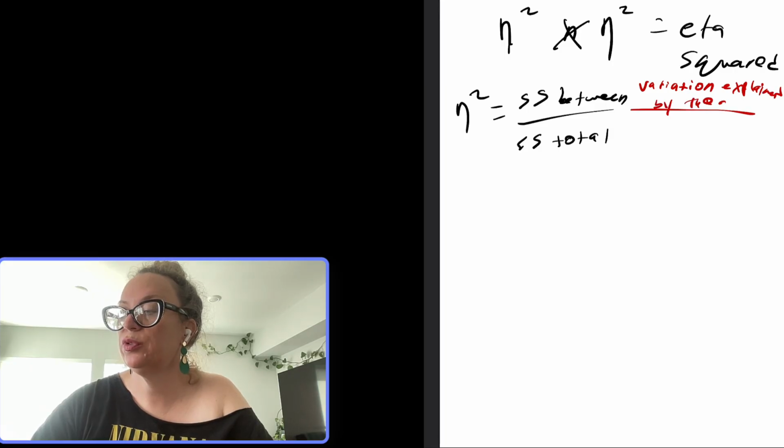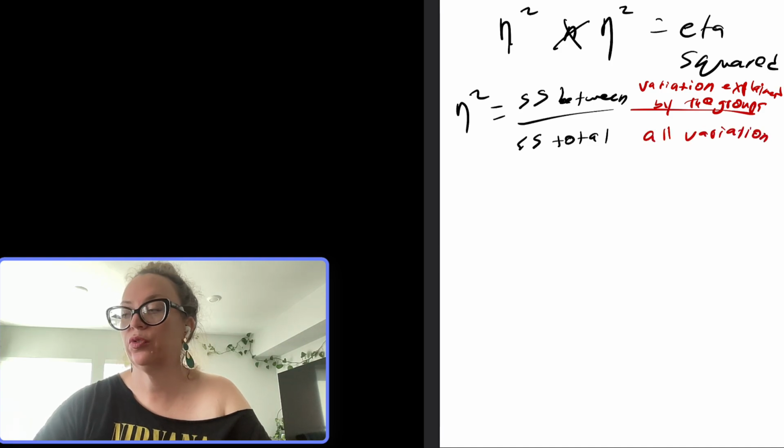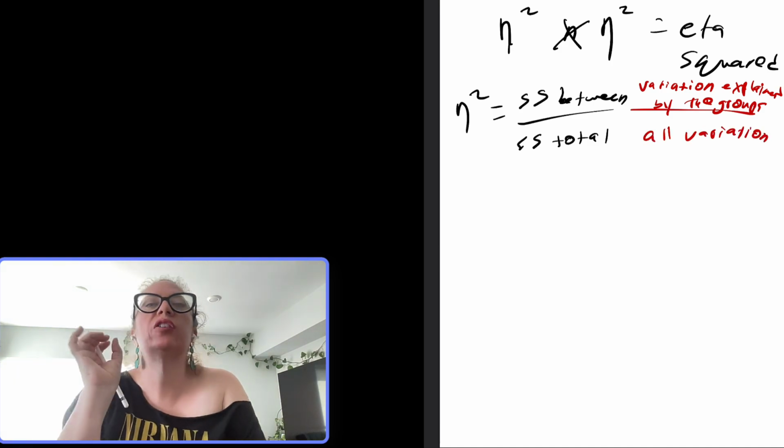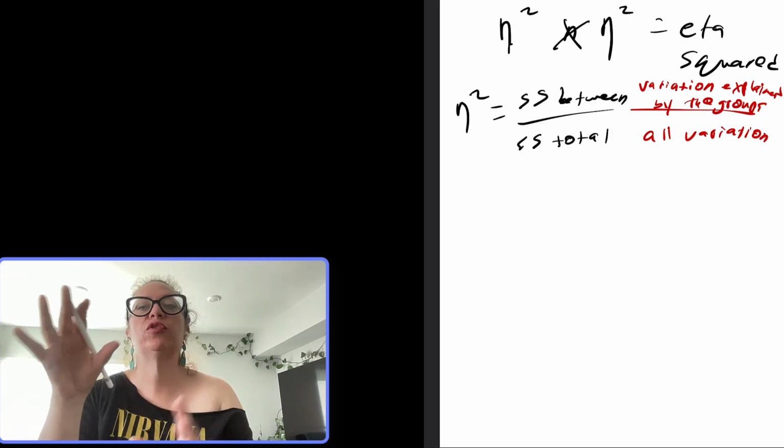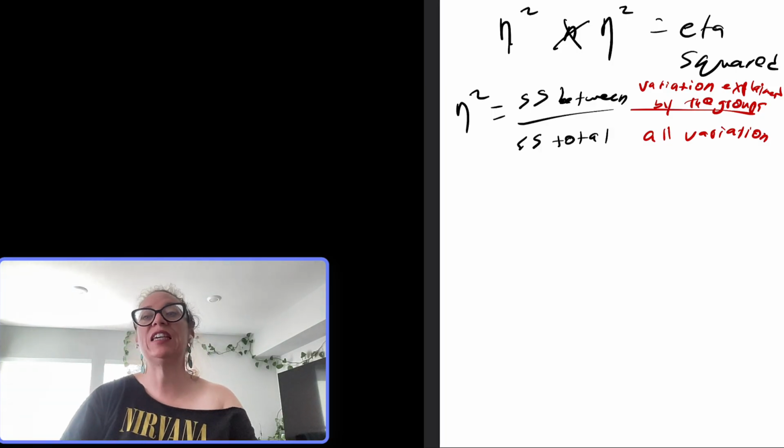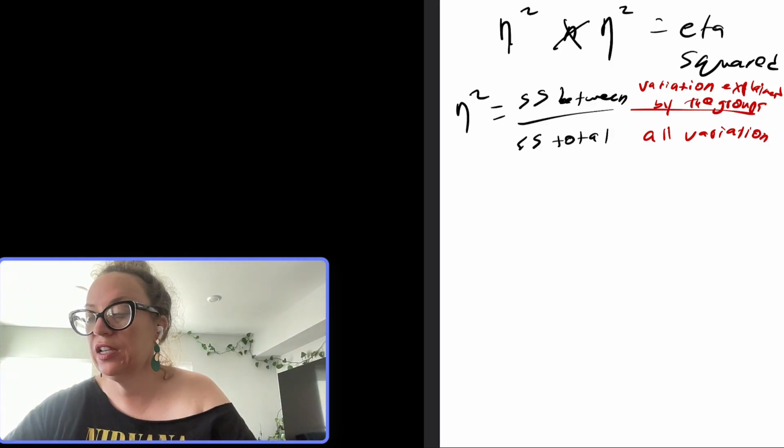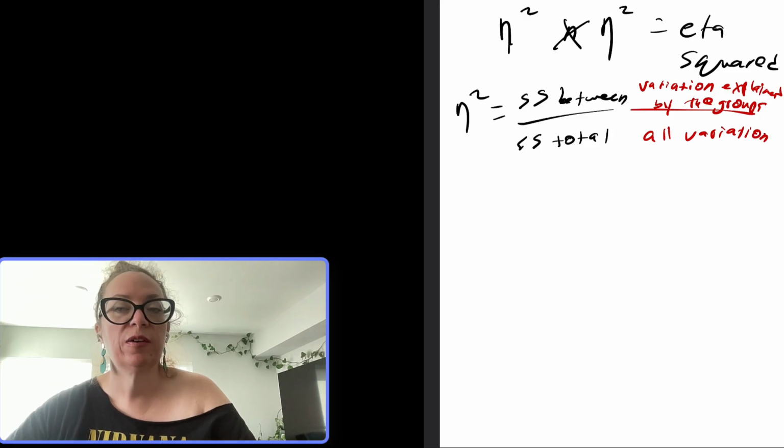There are differences between the groups. And the SS total is all the variation, both between and within the groups. Okay. So eta squared tells you what proportion of the total variability is explained by the independent variable.